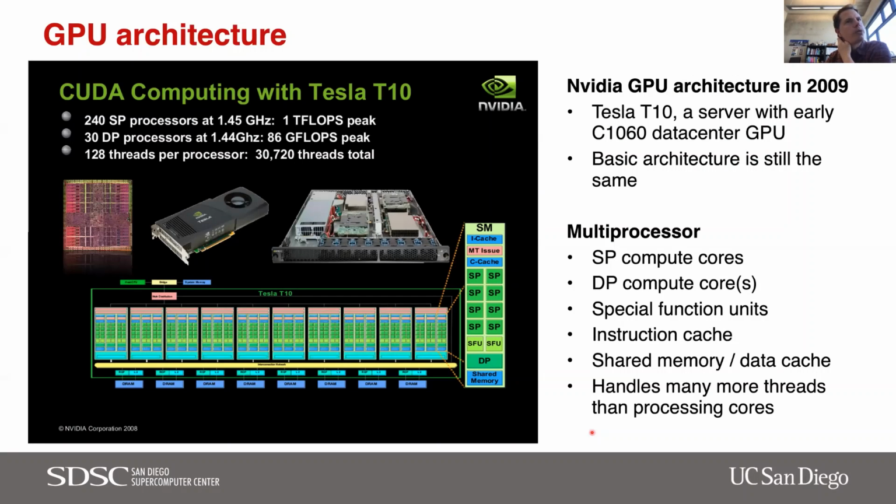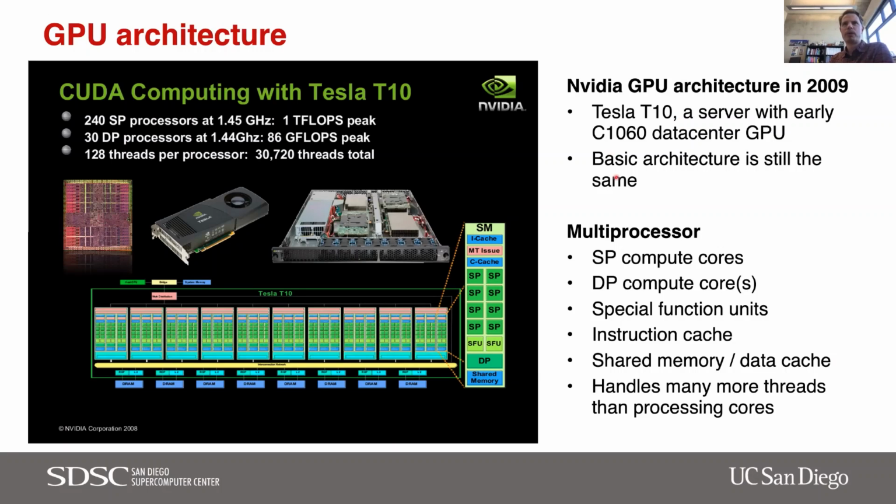This is a very old Tesla T10 system. I believe that was probably one of the early data center compute node blades for sale by NVIDIA. But that doesn't matter.